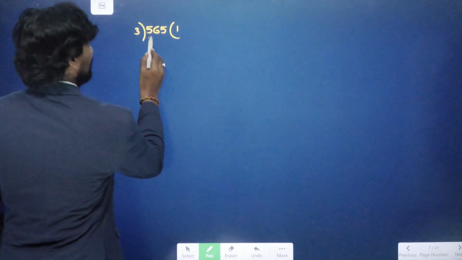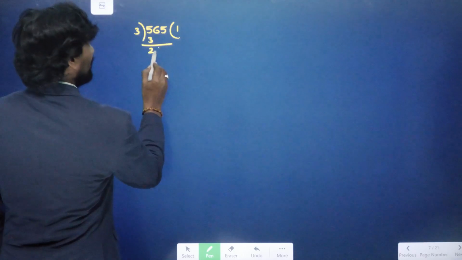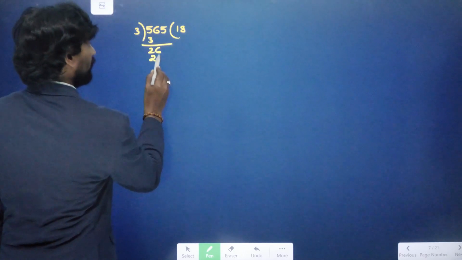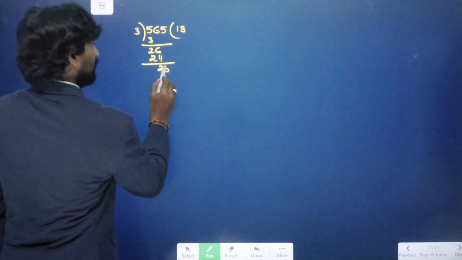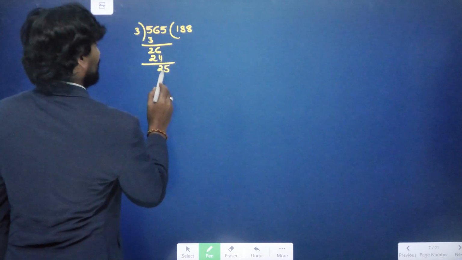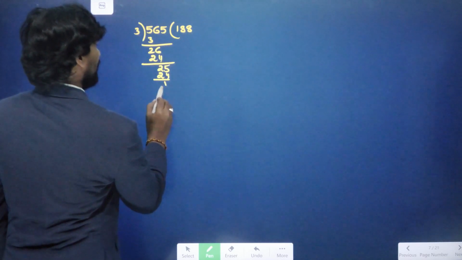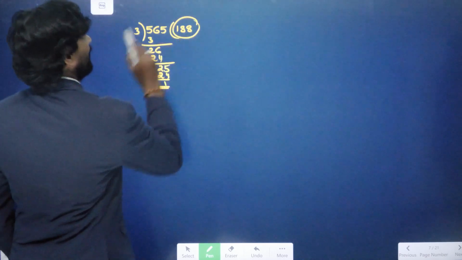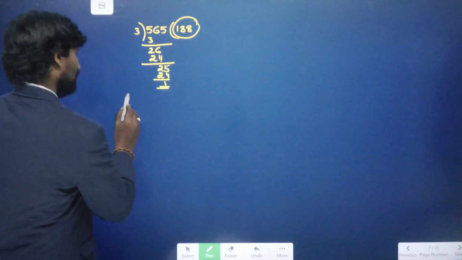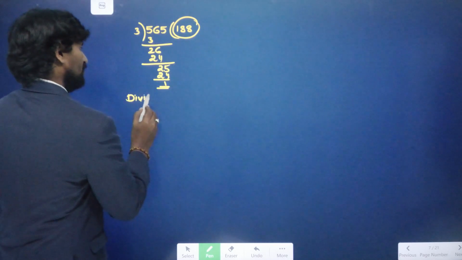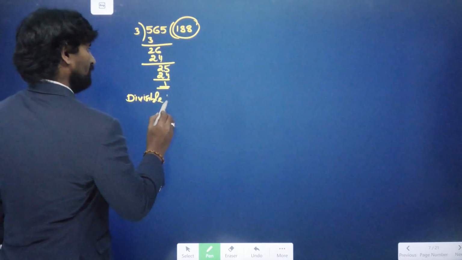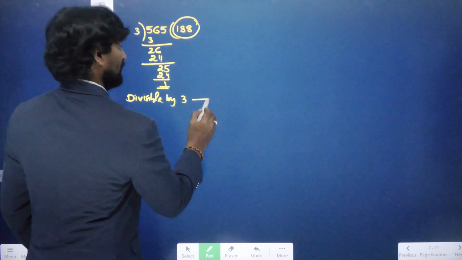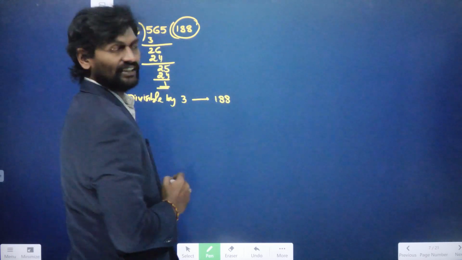So 3 ones are 3, 3 eights are 24, again 3 eights are 24, one remainder. Let us leave that. There are 188 numbers which are divisible by 3.